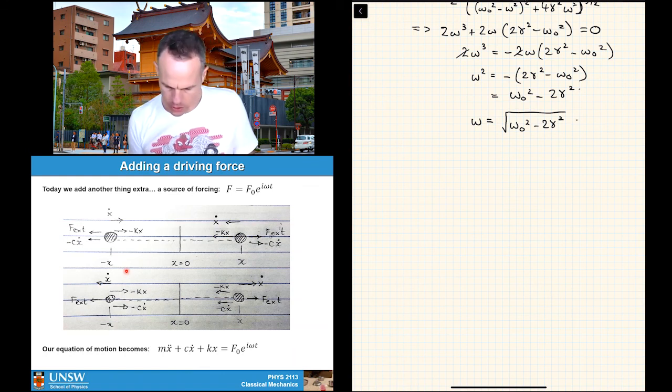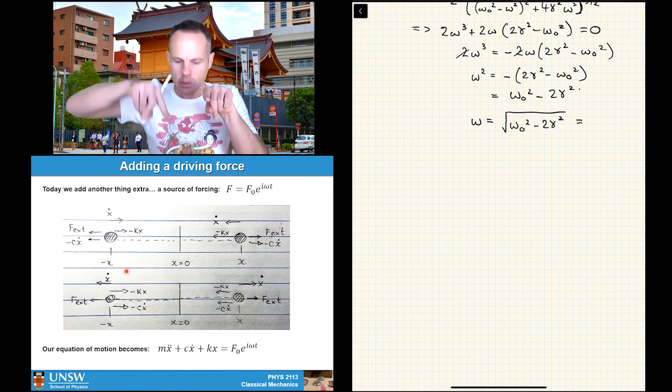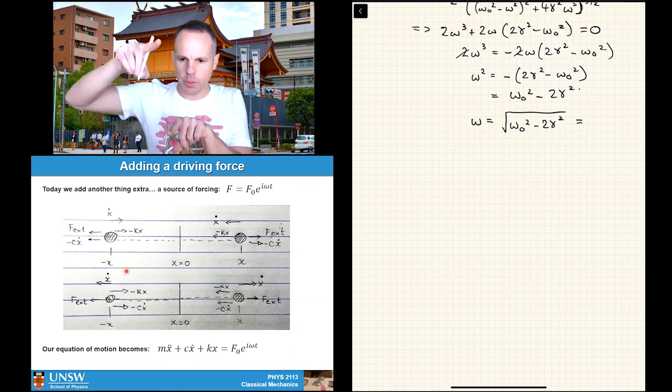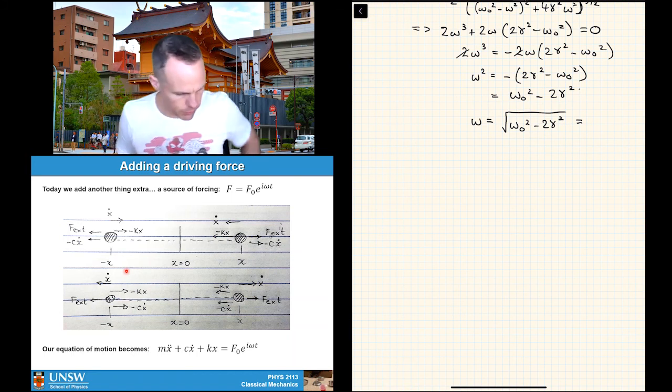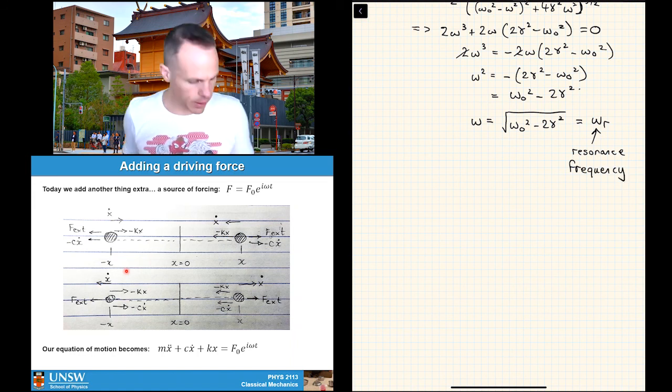And this is a thing that we call the resonance frequency. It's basically where the amplitude is a maximum. So it's the point where you get the most response for the input force that you put in. And so we often call this omega R. It's our resonance frequency. Pops out quite nicely when you take that derivative, okay?